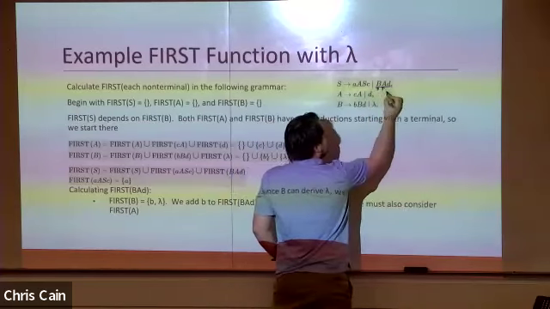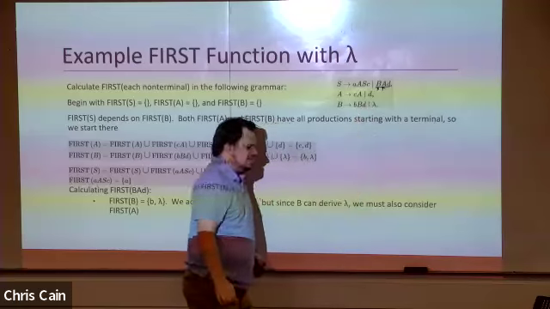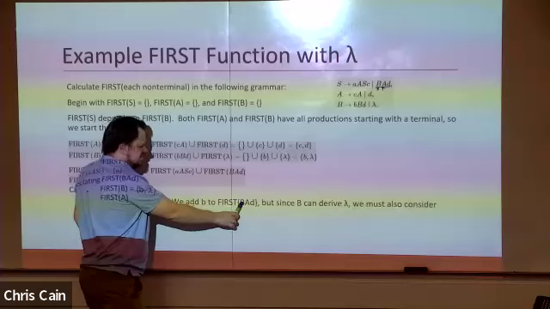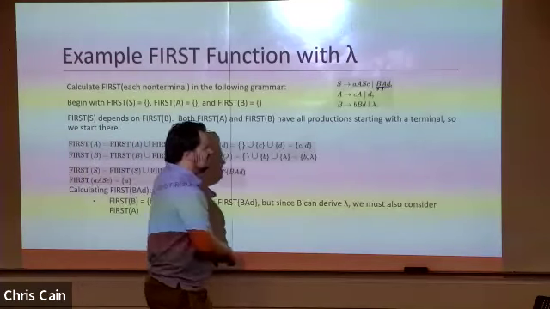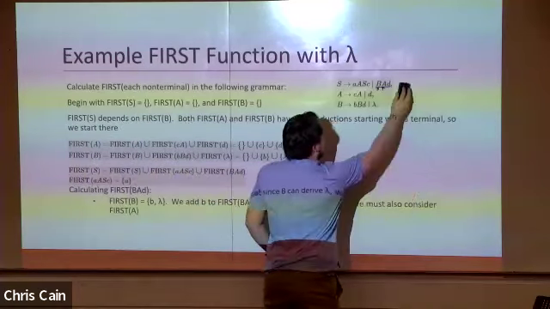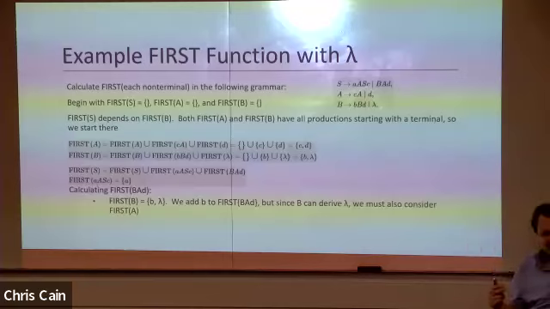So we see when we do that lookup for first of B, that it actually contains lambda, so we now need to look at the A. When we see that, it's important that we store all of this information so that we can go calculate it. If you're doing it on paper, it's a little bit less important that it is in exactly this notation, but it is still better to be complete than not.